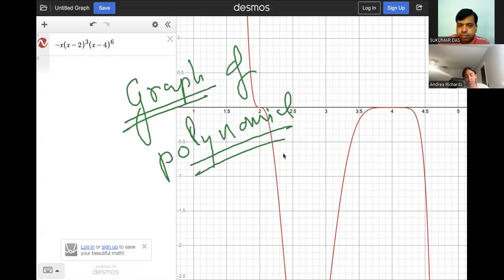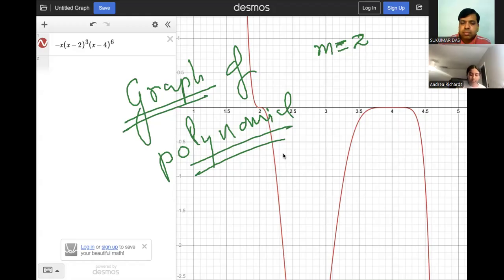And then for multiplicity, it's just like the degree. If y equals x minus 2 squared, the multiplicity would be 2. But if it was y equals x minus 2 cubed, the multiplicity would be 3.